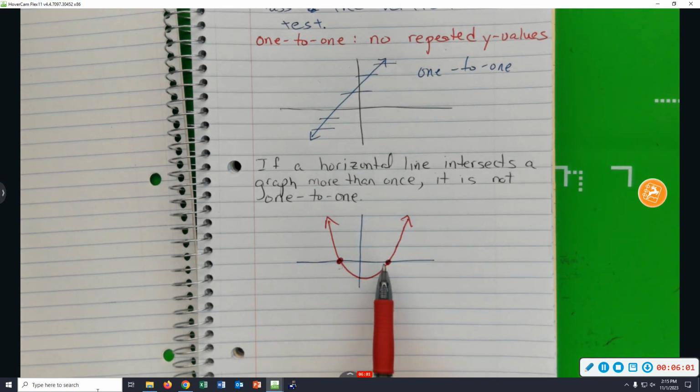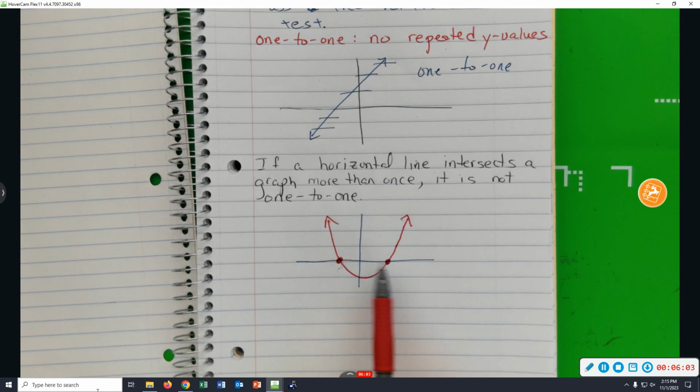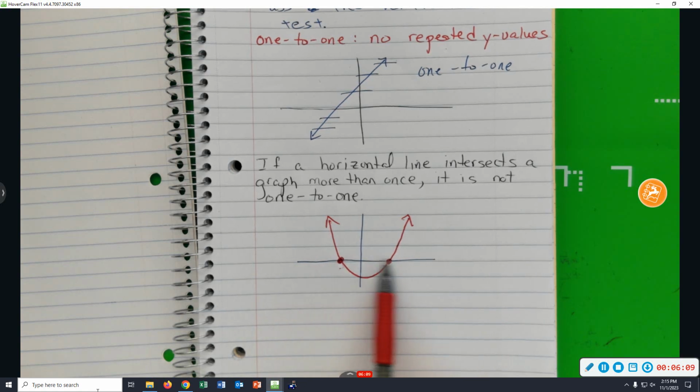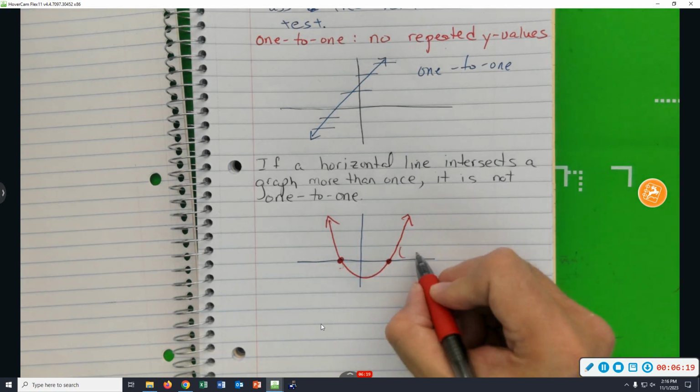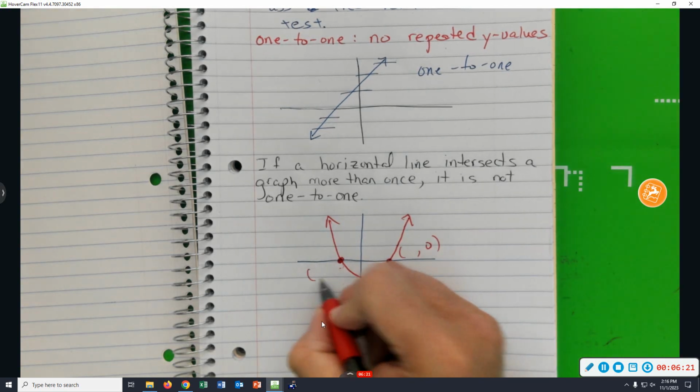The y's are zero. Both of these y-coordinates are 0. This one would have a negative x and a y value of 0. This one would have a positive x and a y value of 0. But either way, you have repeated y values.